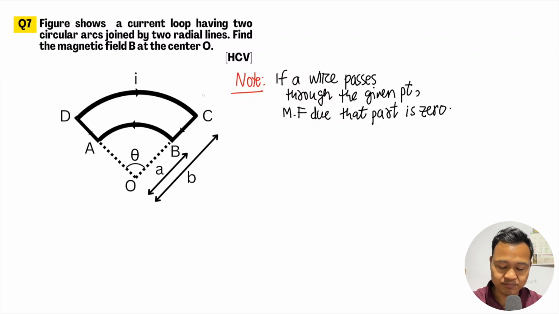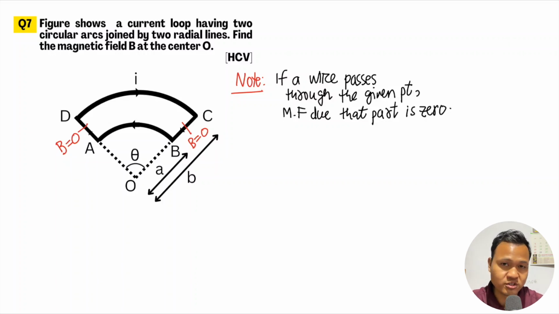Because BC, the wire is passing through the given point. So AD is also passing through the given point. That means here due to BC, B is 0, and due to AD, B is also 0.